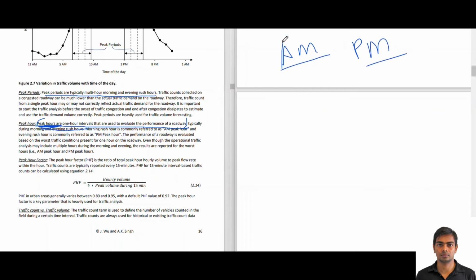So we look at AM peak and PM peak. These are one of the worst hours for the traffic. So based on what is going on in the AM and PM peak, our level of service on the roadways is defined. So peak hours are 1 hour intervals that are used to evaluate the performance of a roadway.